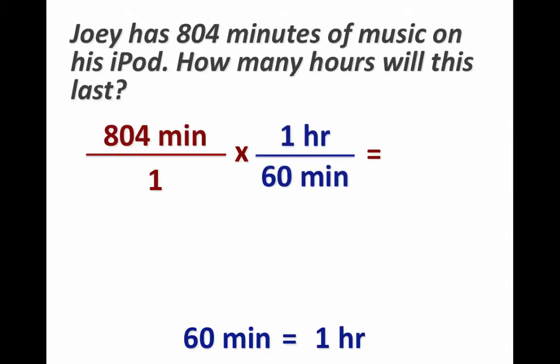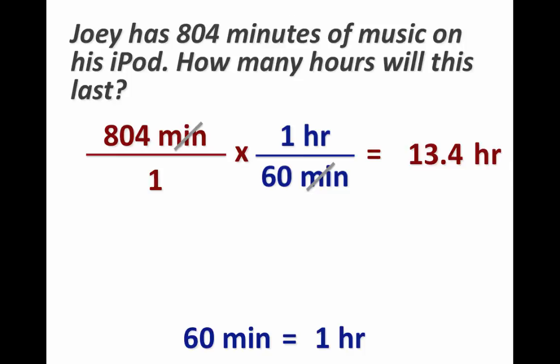If, however, I set up my conversion with 60 minutes on the bottom, then the product of these terms results in units of hours. Just what I was looking for. So the answer to this conversion is 804 over 60, or 804 divided by 60, which is 13.4 hours. Does this answer make sense? Could someone have a day's worth of music on an iPod?